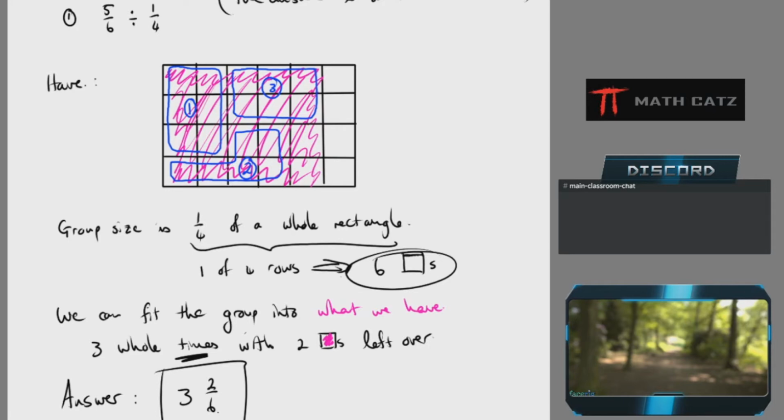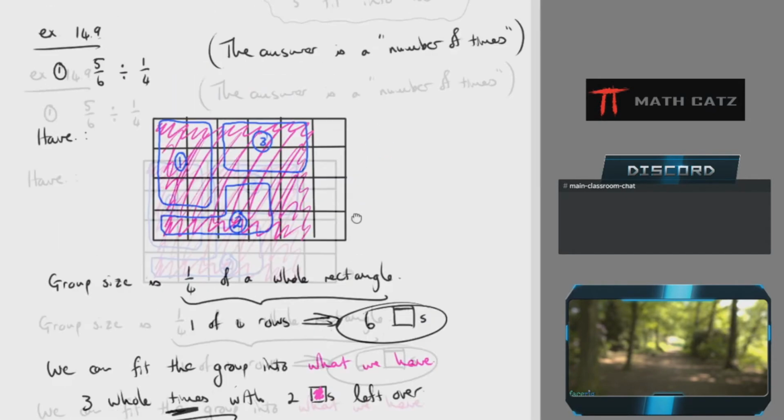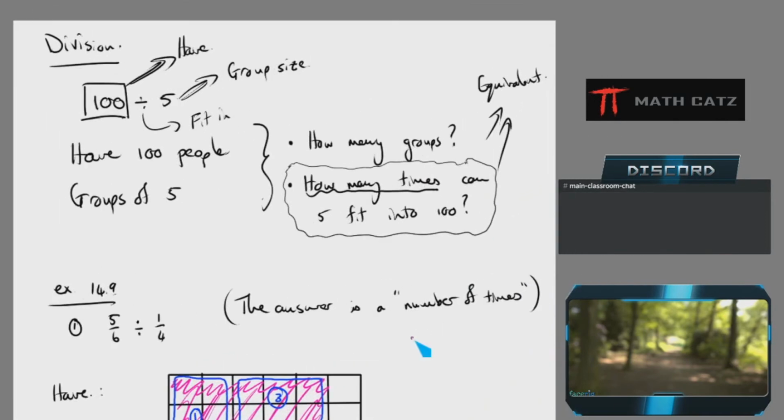So I do have some flexibility in terms of how I want to phrase it that makes the most sense for me. But it's all connected to my understanding that's already established when it comes to integer division. Group size, how many groups can fit, or how many times can I fit a group of a specific size? Those things are equivalent when it comes to the intuitive understanding of division. I'm doing the same thing.